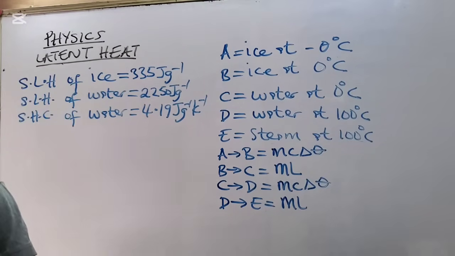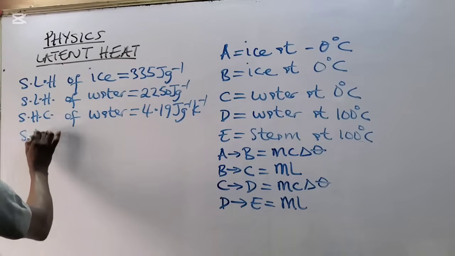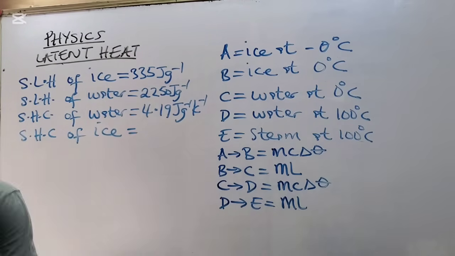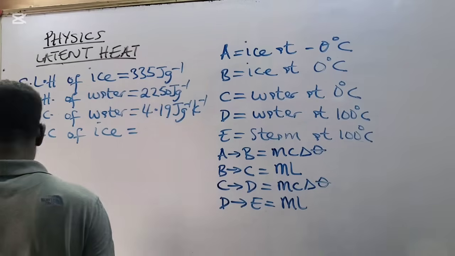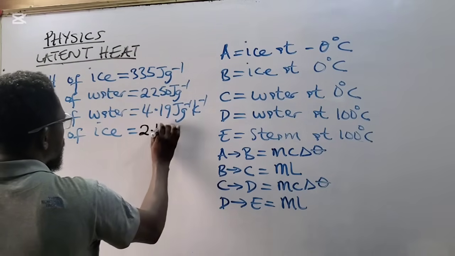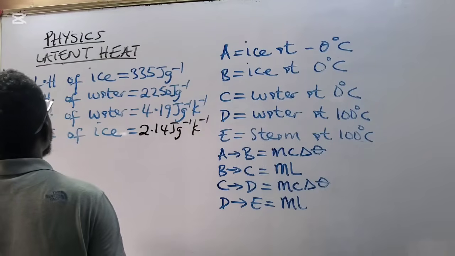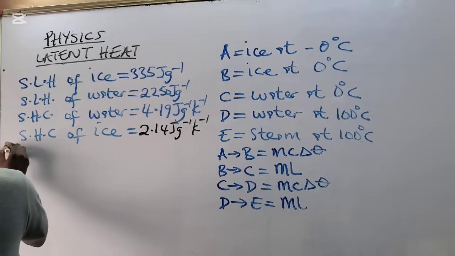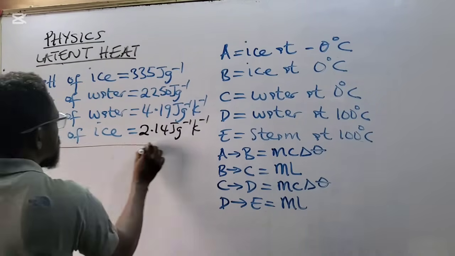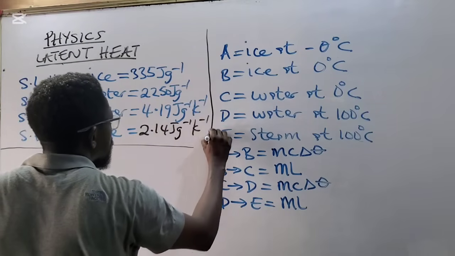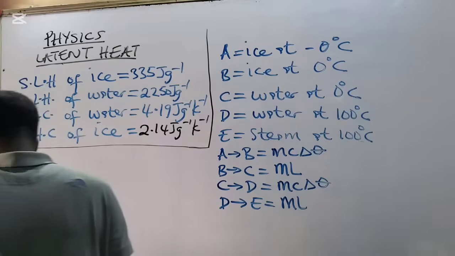Then specific heat capacity of ice, we'll make use of 2.14 joules per gram per Kelvin. Let's take note of these parameters here. That's what we are going to use solving questions today.